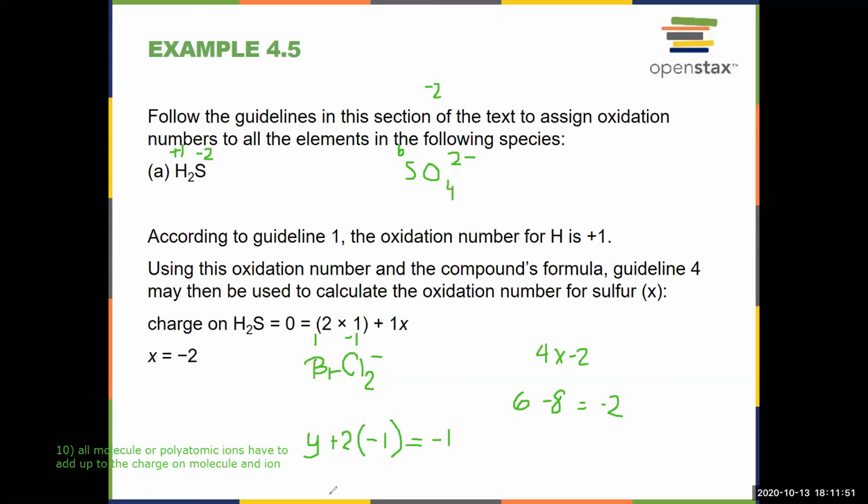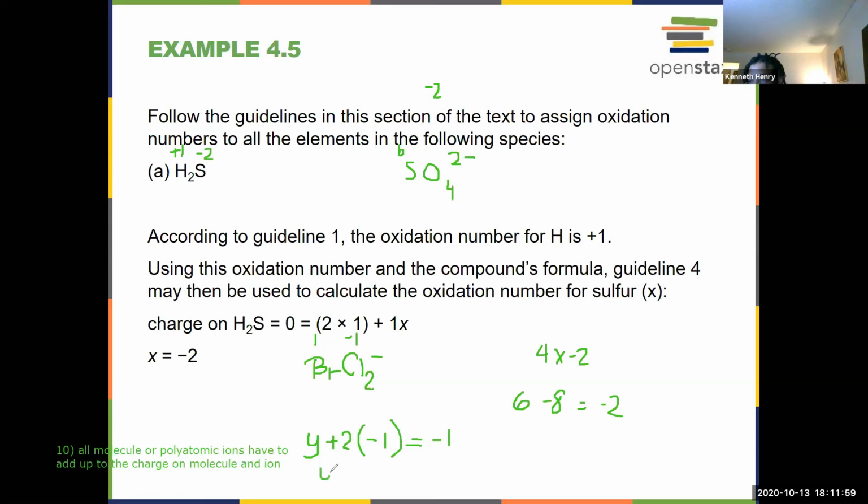+1. Wait, +1, right? Yeah. Okay, so that means that your bromine has to be +1.